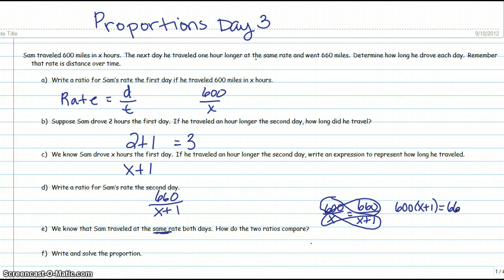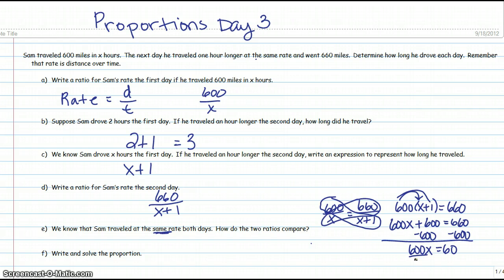660X. So now I will distribute my 600. So 600X plus 600 equals 660. Then I'm going to subtract my 600 on both sides. So that's going to be 600X equals 60.